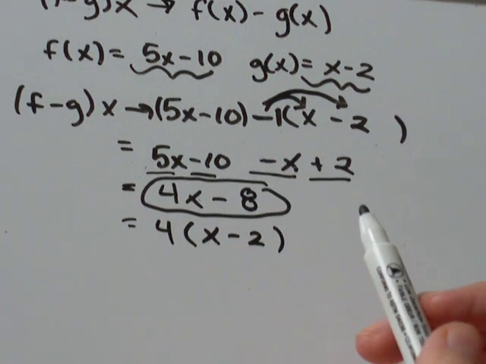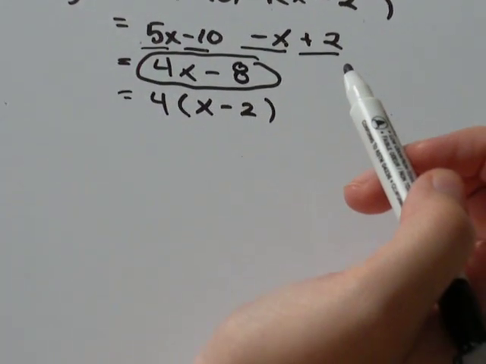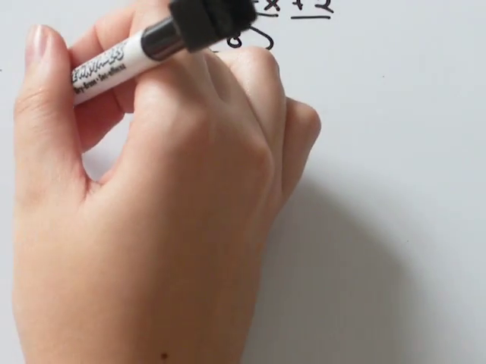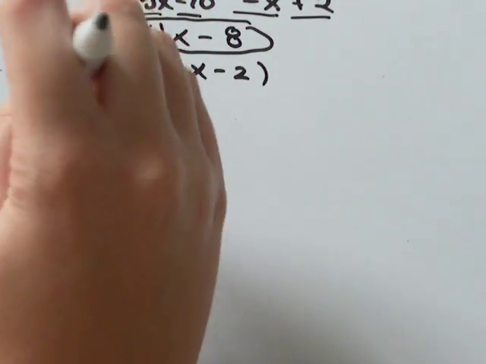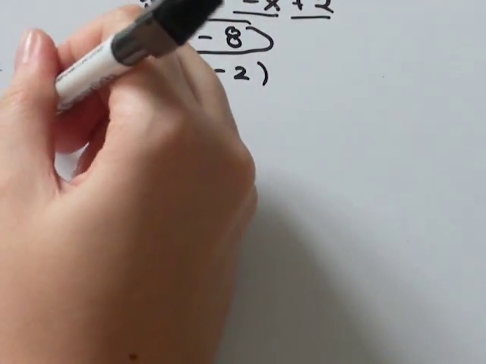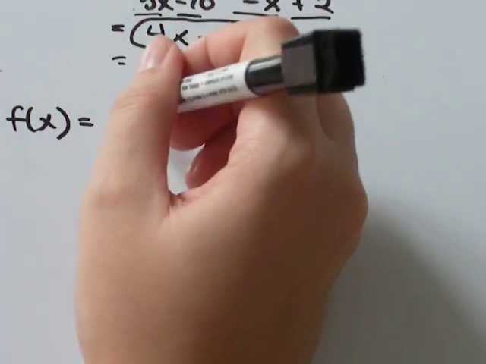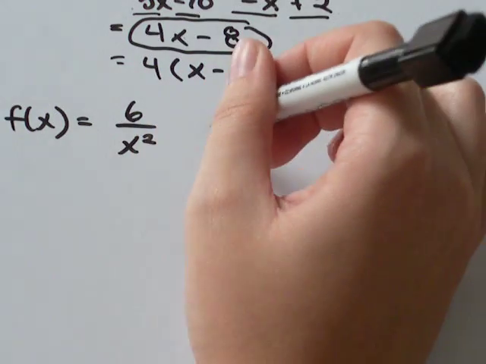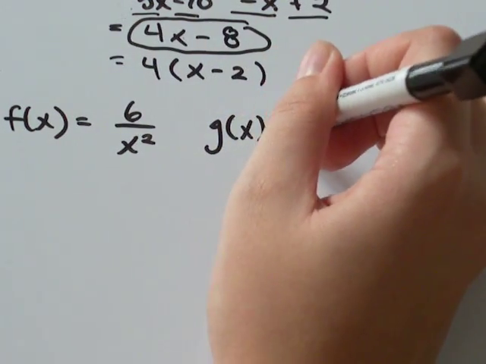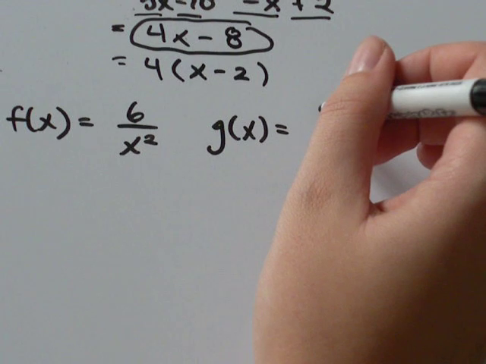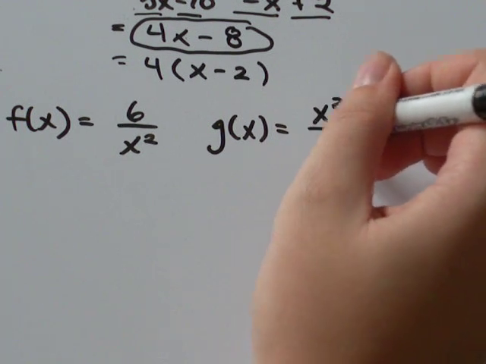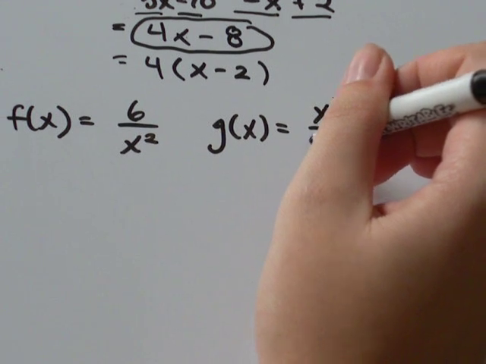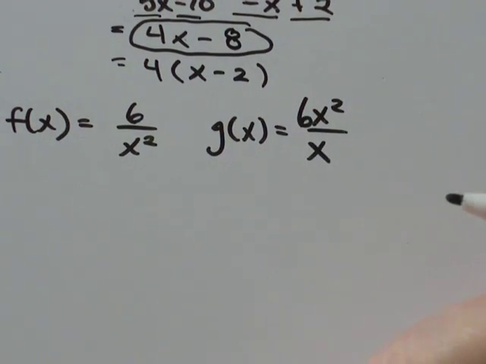So let's do one that's a little bit more complex. I'm just going to make it up. Let's do f of x equals 6 over x squared, and g of x is, let's go 6x squared over x.